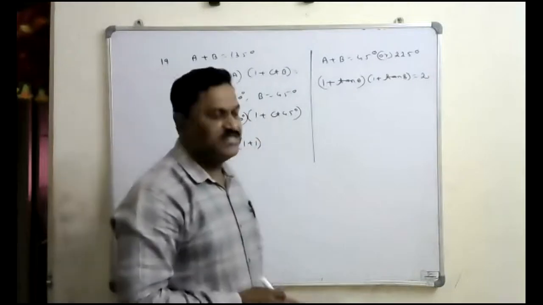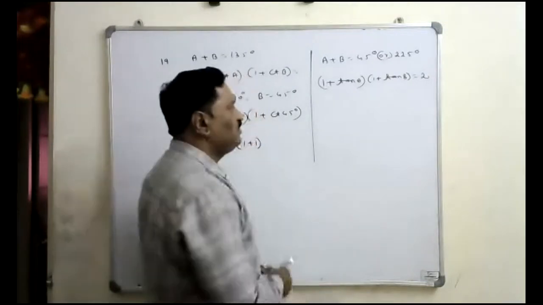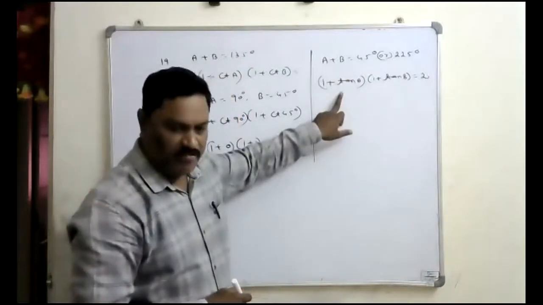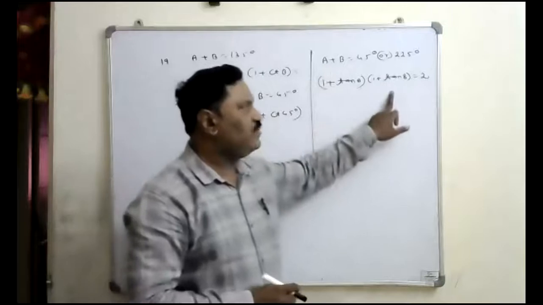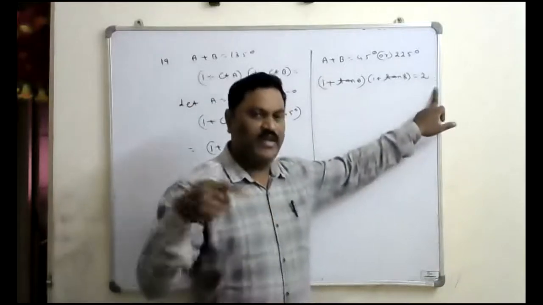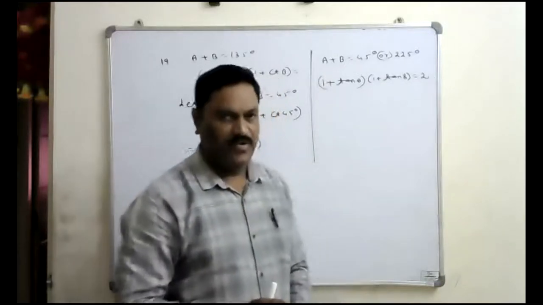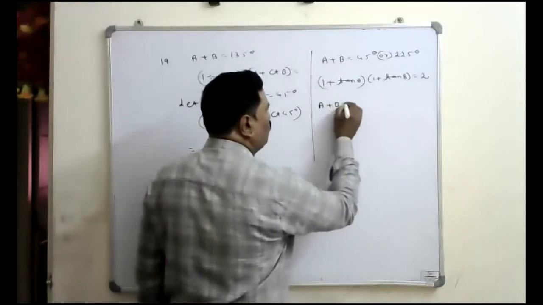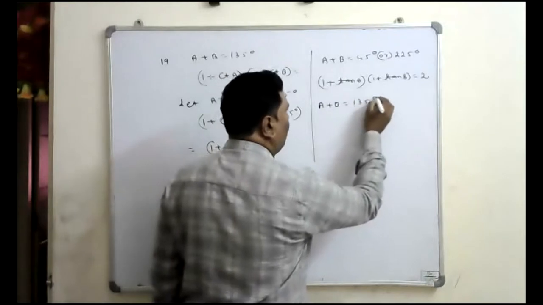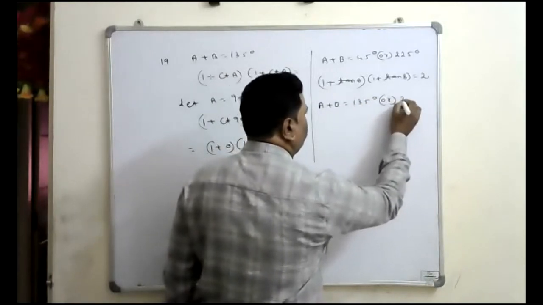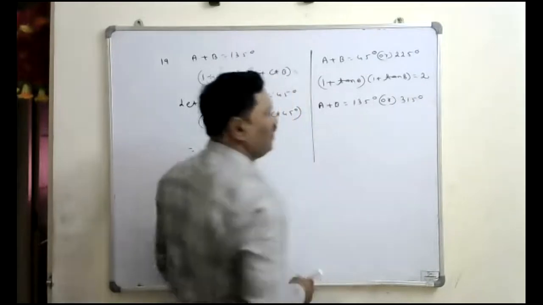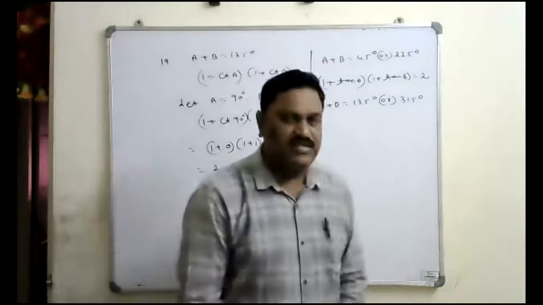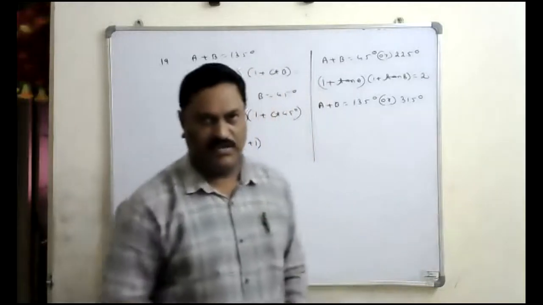Suppose I want to find the result in terms of cot. You can also write tan a as 1 by cot a. So 1 plus cot a into 1 plus cot b is equal to 2 cot a cot b, we will get as the result. Similarly, if a plus b is equal to 135 degree or 315 degree, that is 360 minus 45, so 135 and 315, these are angles lying in the second or fourth quadrant.